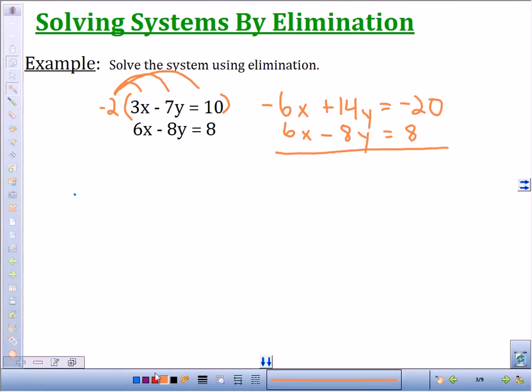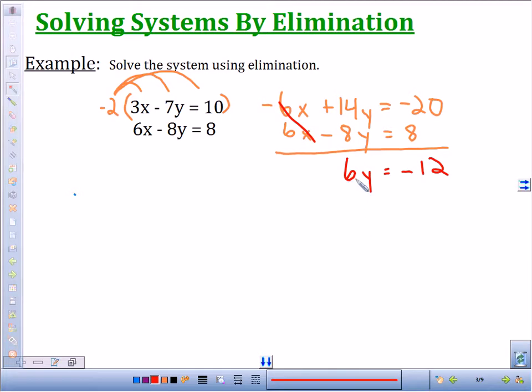Now once I've done that, I can add these two together. Just combine like terms. -6 plus 6 is 0. They'll cancel out. 14 plus -8, 14 minus 8 is 6y. -20 plus 8 is negative 12.